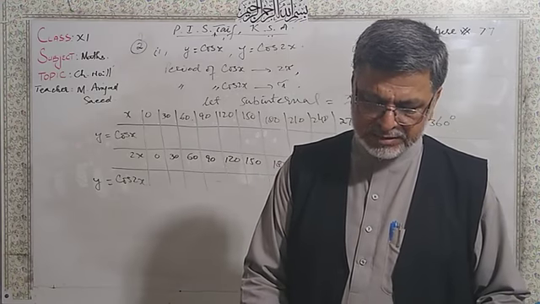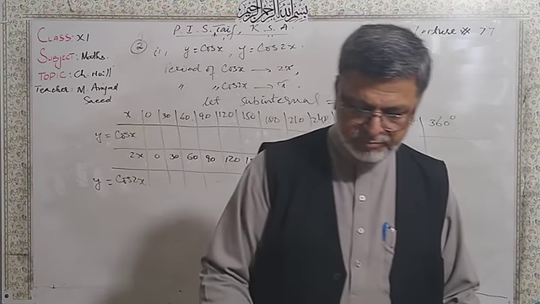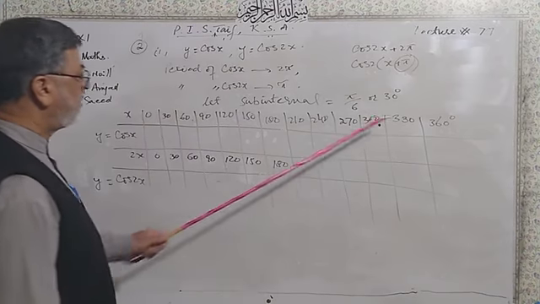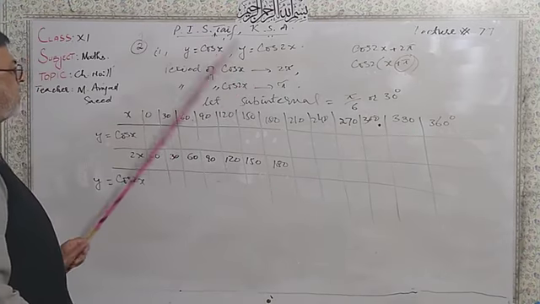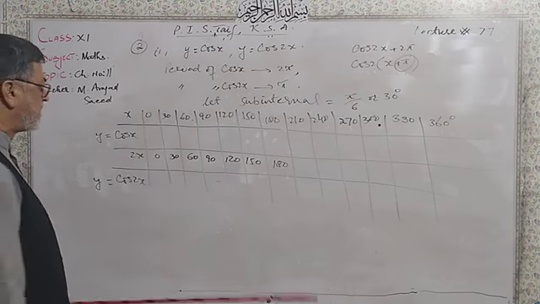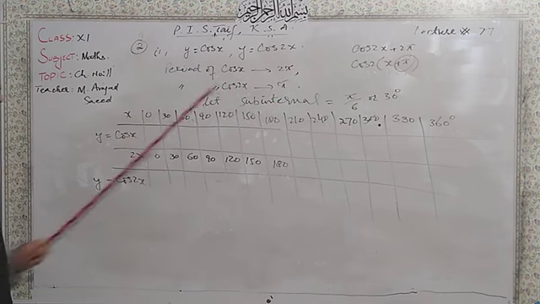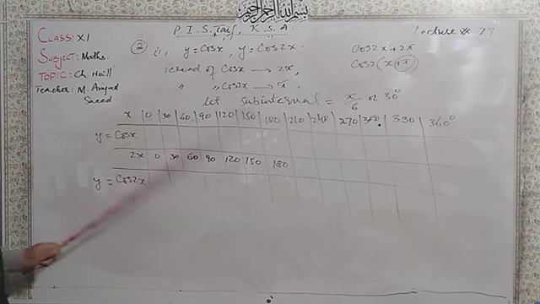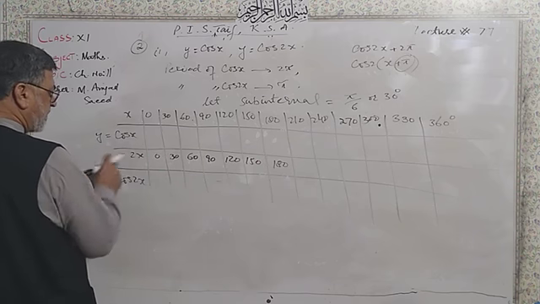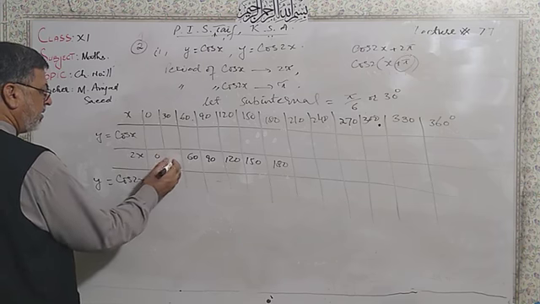Basically, this is the way. For x, you will have the value for 360 or 2 pi. Period of cos x is 2 pi, so that's why I have written 0 to 360. And period of cos 2x is pi, so I have written this value. If you have 2x, this is 0, so what will be that?